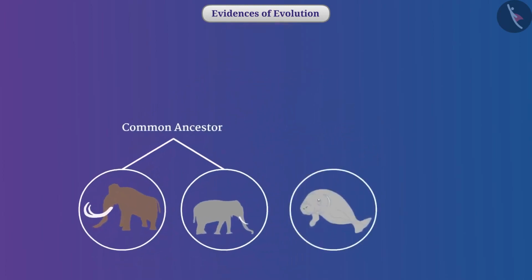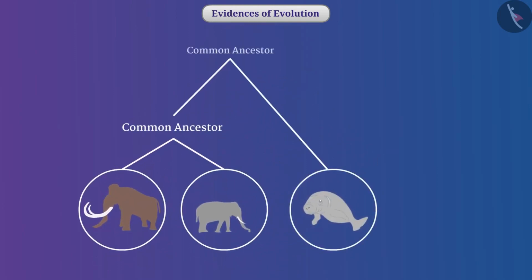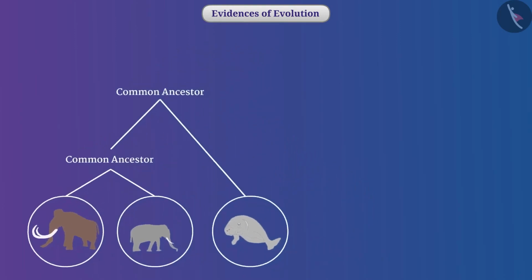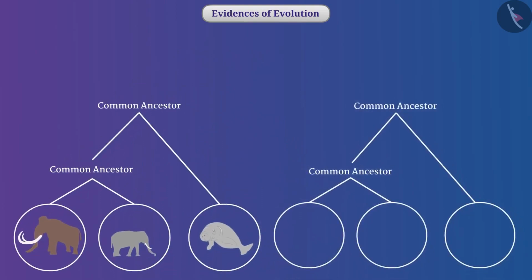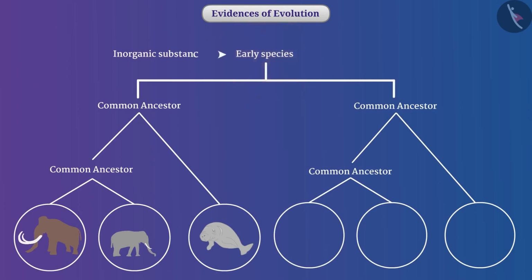But if the two species have a distant relationship, it means that their ancestors will be similar, but much before the previous case. In this, by creating links in the past, we can reach the early species of evolution. If this method is correct, then it can be assumed that life must have originated from inorganic substances. Let us discuss various evidences in the context of evolution.